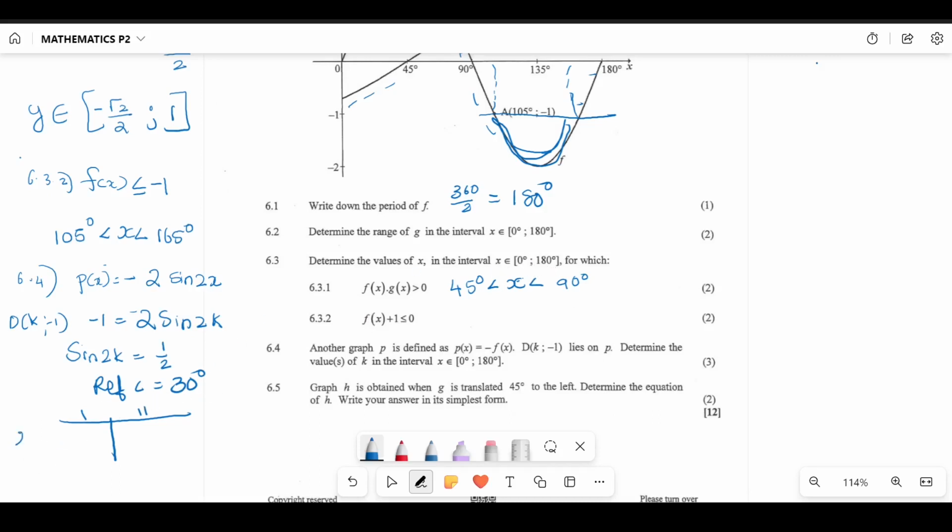Now that means 2k equals, you don't have to use the k times 360 this time, only from 0 to 180. So in the first quadrant, reference angle itself, 2k equals 30 degrees, and here 2k equals 180 minus 30 degrees.